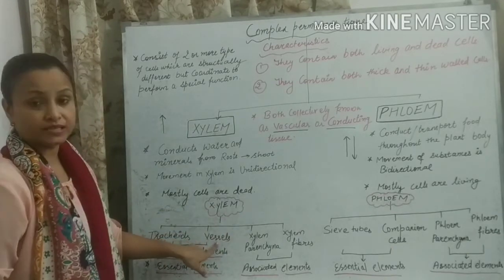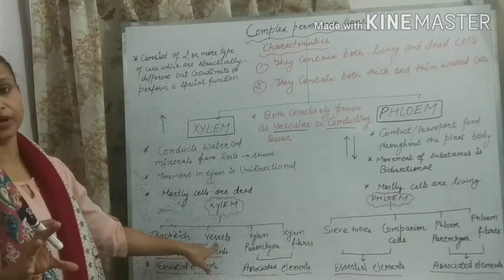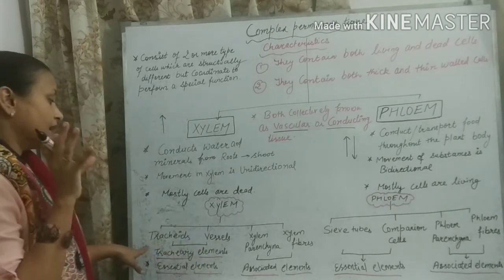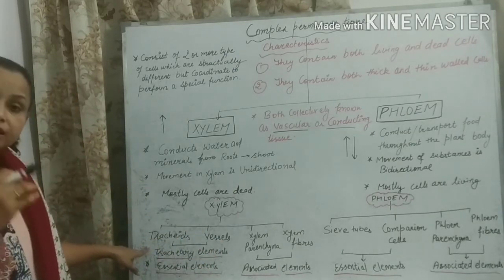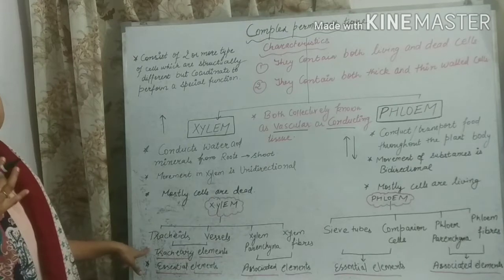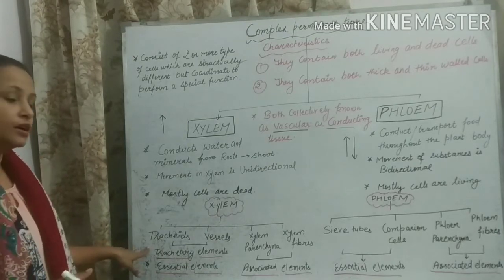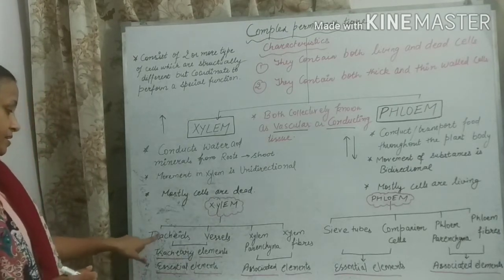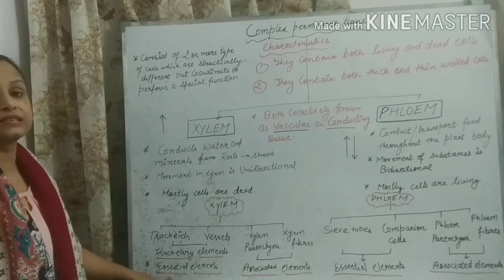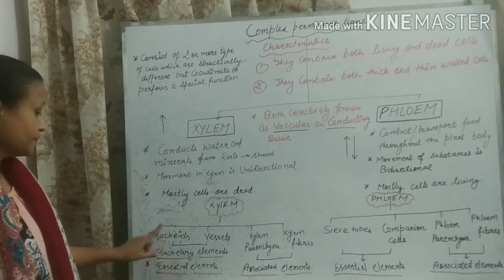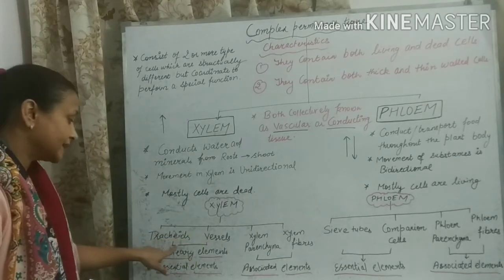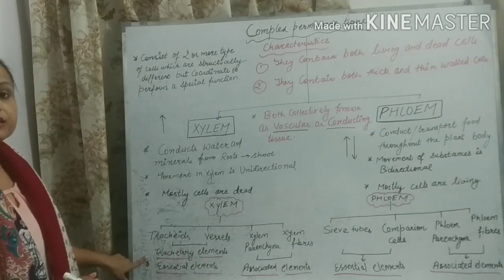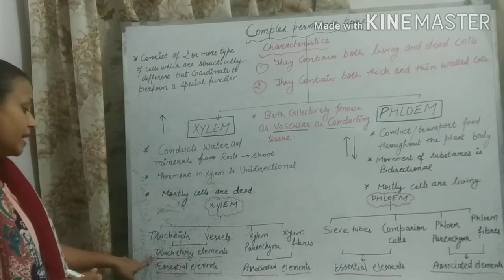Tracheids and vessels are the main components of xylem. They are generally involved in the conduction of water and minerals from the root to the upper part of the plant. Both are known as essential elements of xylem and are collectively called tracheary elements.